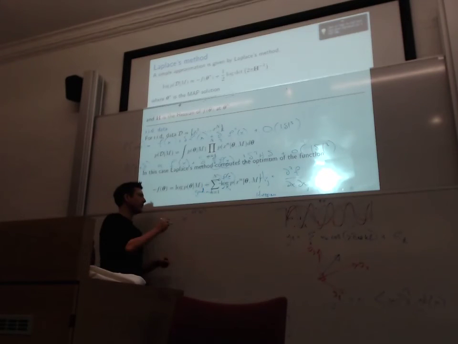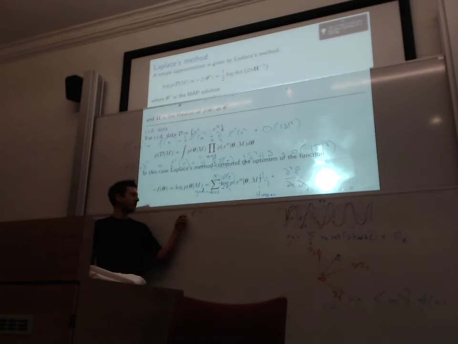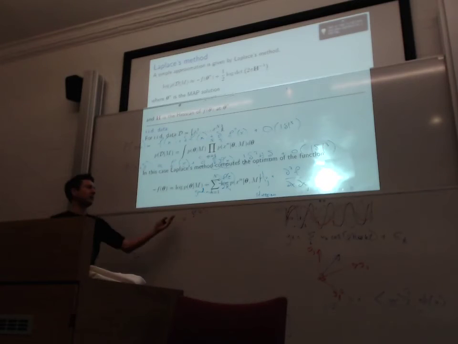So if I want the most likely point, I want the point which minimizes f, because of this minus sign. It doesn't really matter how you define that. Then we'll approximate this by Taylor expansion around that point.